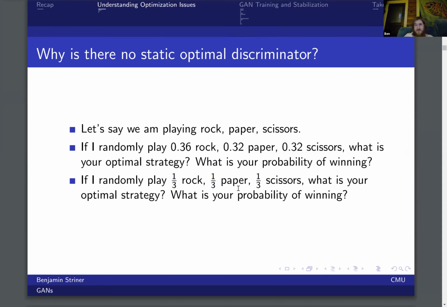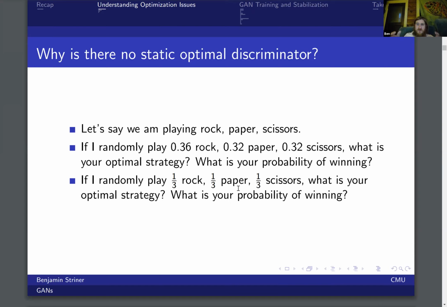If they were 36% paper, you would go 100% scissors, and that would be your best strategy. However, if someone is exactly a third, a third, a third, then every single thing you do has a 33% chance of winning. So everything is technically the optimal strategy.